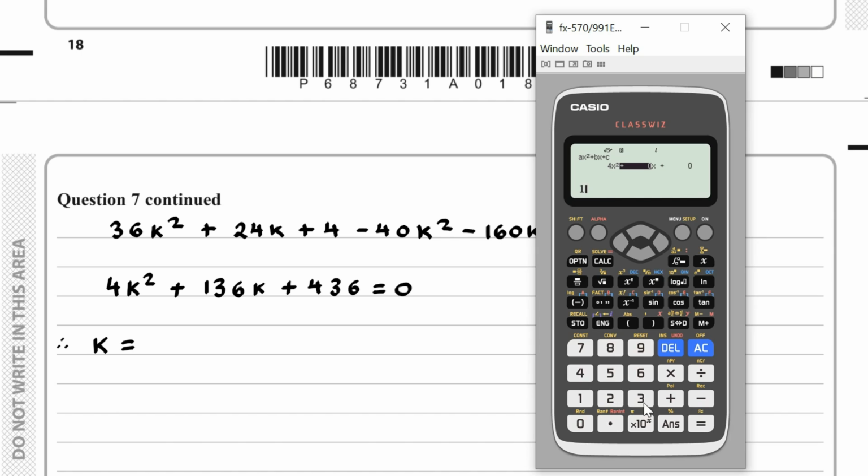We get k equals minus 17 plus or minus 6 root 5. This is the value of k we require.